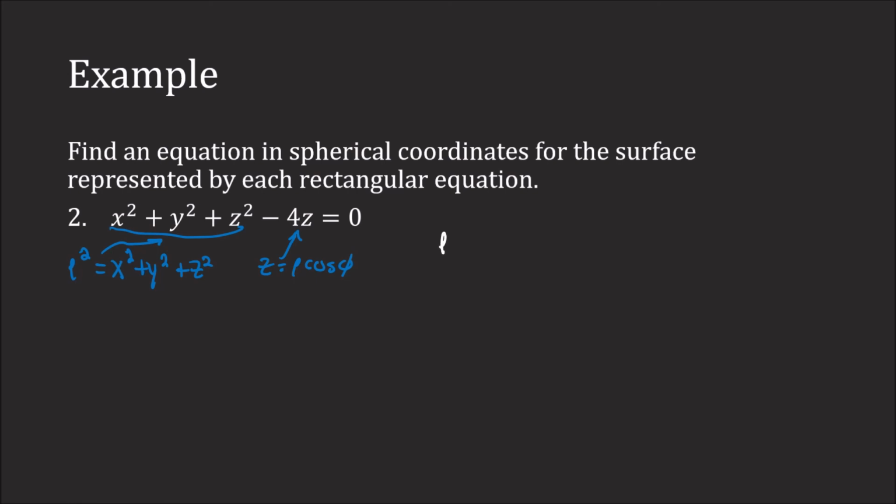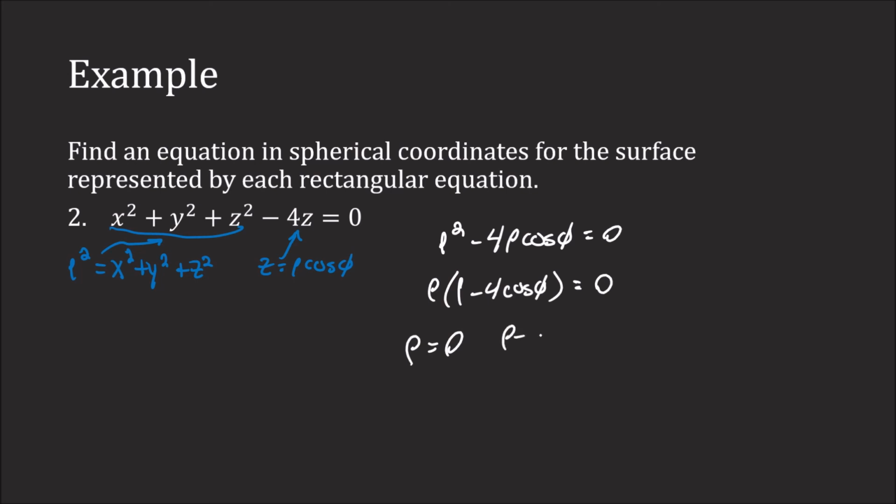So we get rho squared minus 4 rho cosine of phi is equal to 0, which means that rho times rho minus 4 cosine of phi is 0. We have either rho is 0 or rho minus 4 cosine of phi is 0, which would mean that rho is equal to 4 cosine of phi.